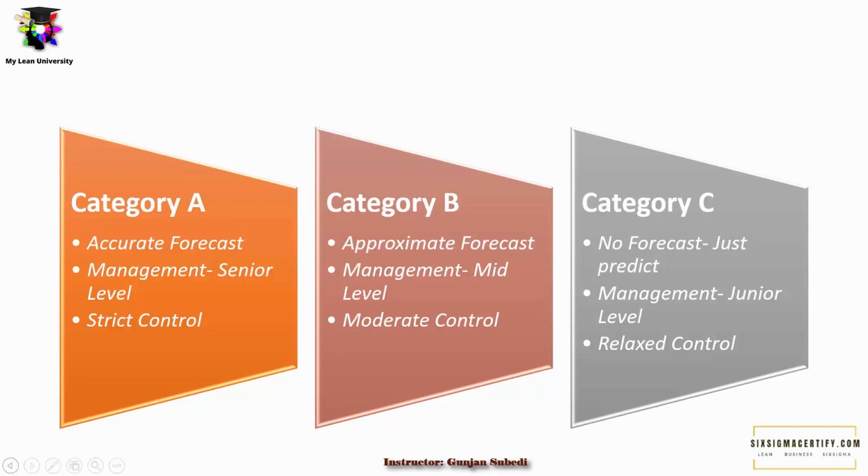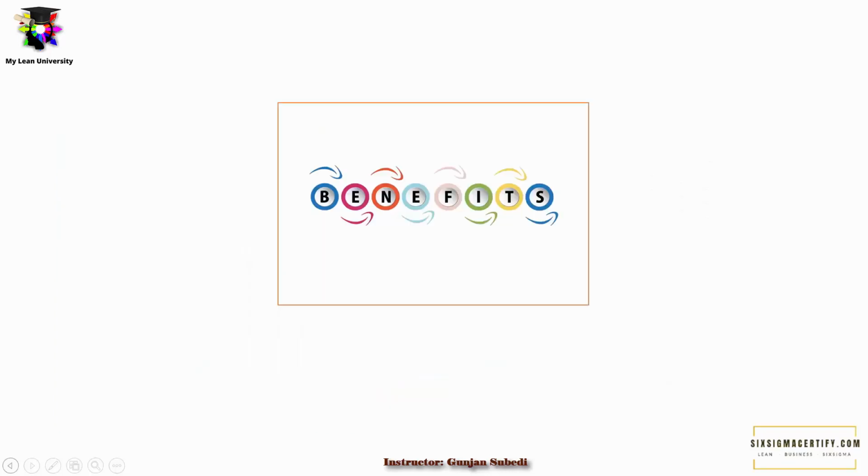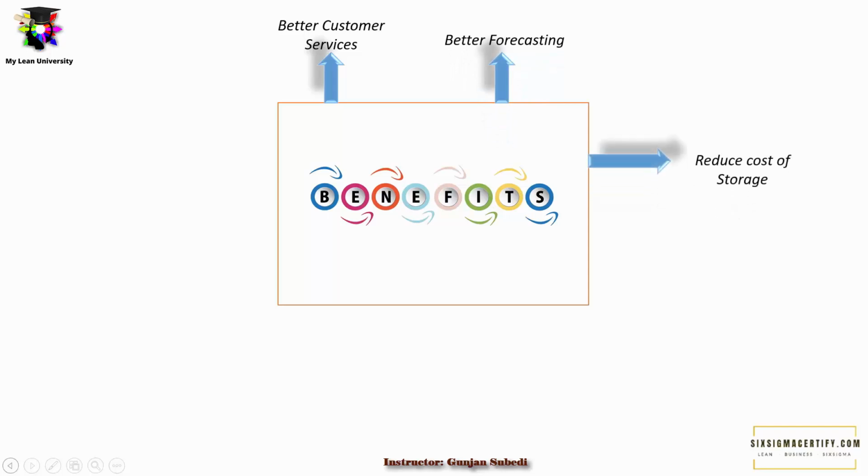Now let's look at some of the advantages of ABC analysis. For providing better customer service, it is important, as once you determine the most profitable items, you can offer a higher service level for those items. We can have better forecasting with the ABC analysis.